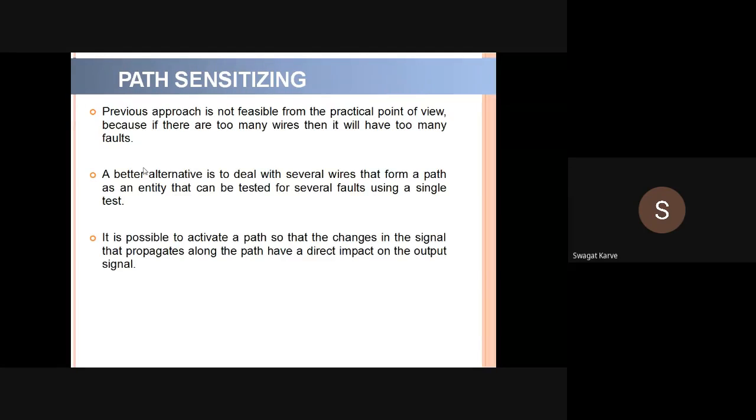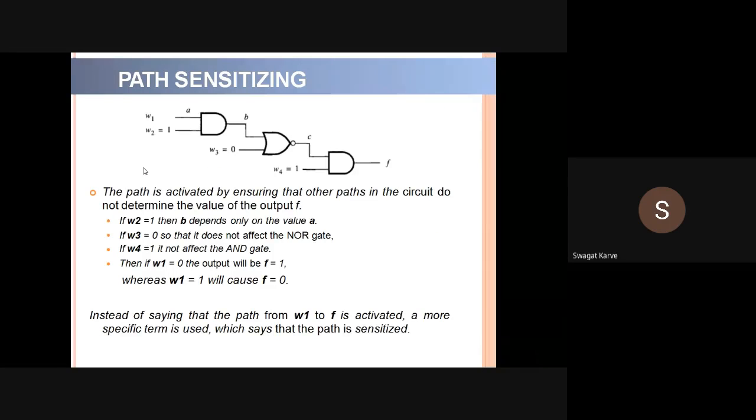Now, what we did in the stuck-at fault model: first we identified the inputs, right? Then we identified the internal connection of every logic gate to another, or in the overall circuit.